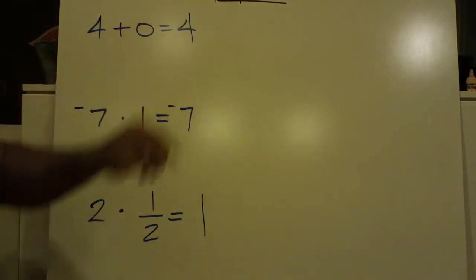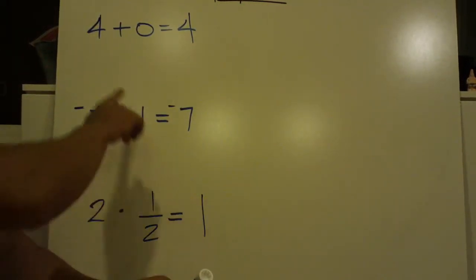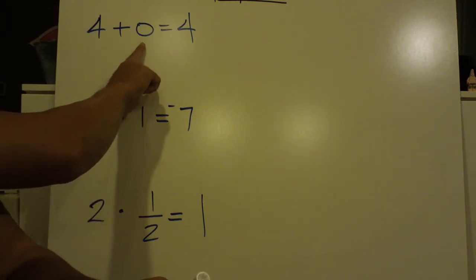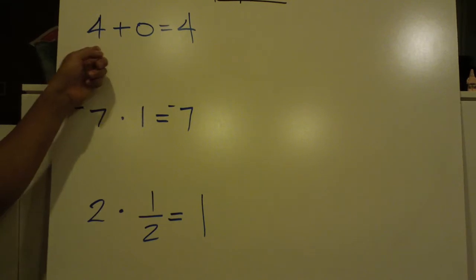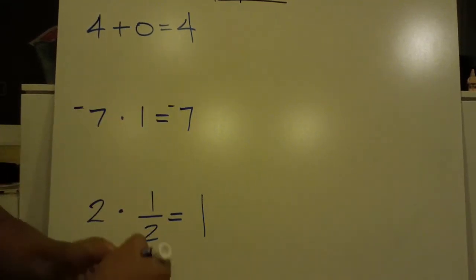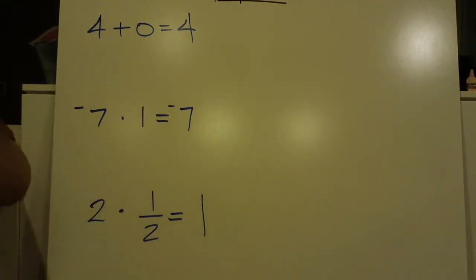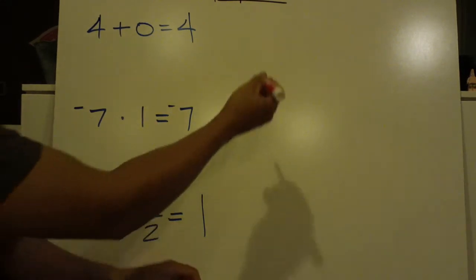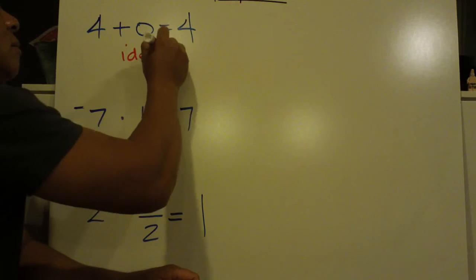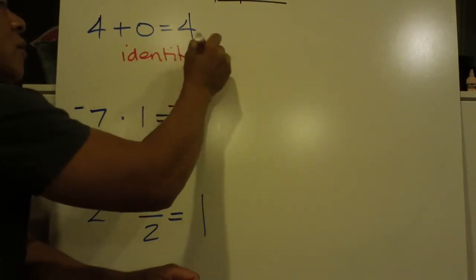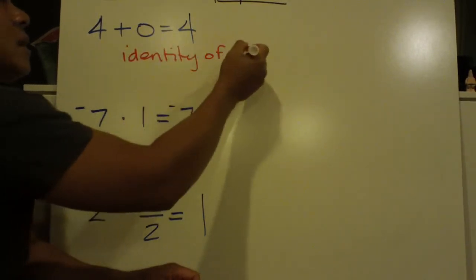Alright, so I want you to identify the property. So here we have 4 plus 0 is equal to 4. So if you notice, the number, when you add to it, it stays the same. So this is your identity property. So this would be called identity. And of course, this would be identity of addition.